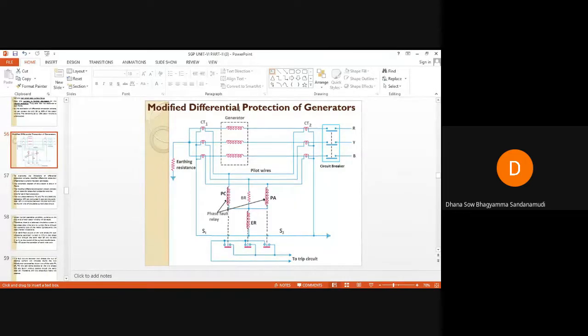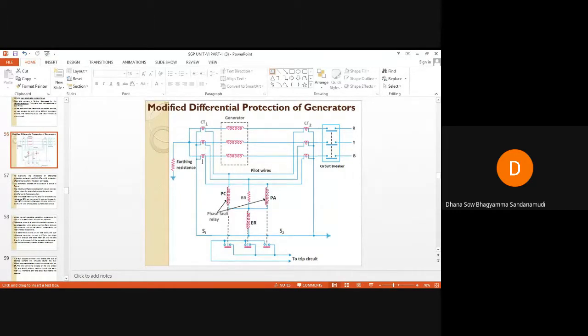Now, if a fault occurs between phases, a phase to phase fault, then definitely the currents in the primaries of the CTs will no longer remain the same. Hence, the EMFs induced across the secondaries will no longer remain the same.